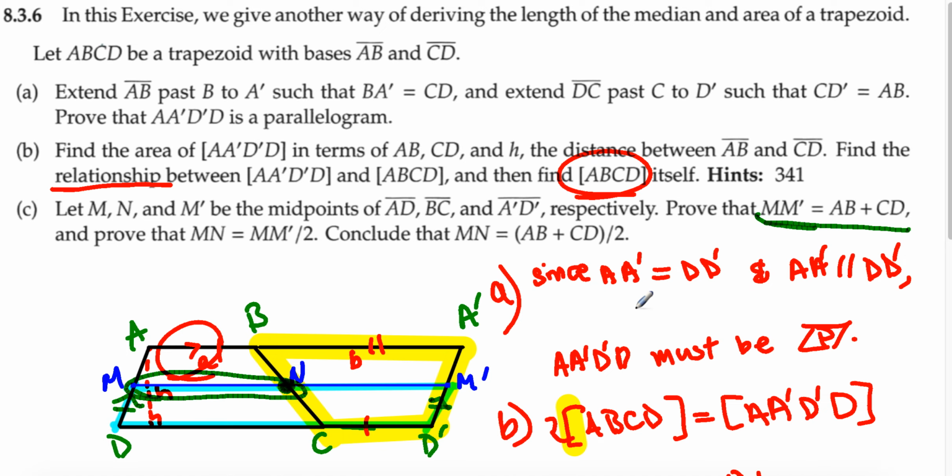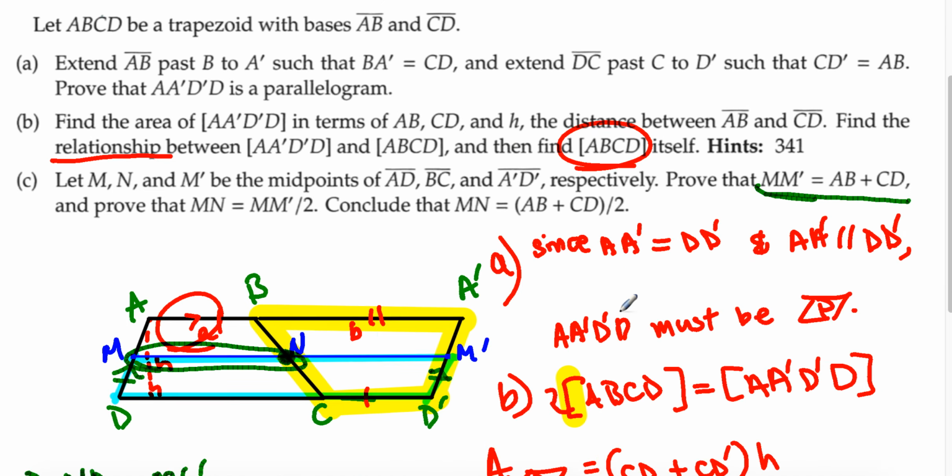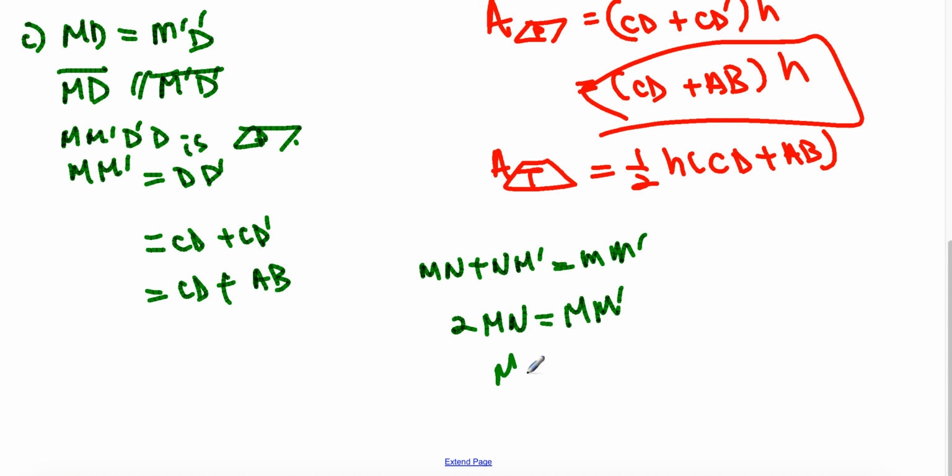And then when you divide by 2, we get MN must be equal to MM prime divided by 2. That's basically what we end up getting.